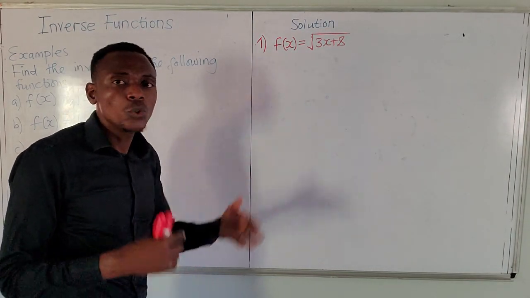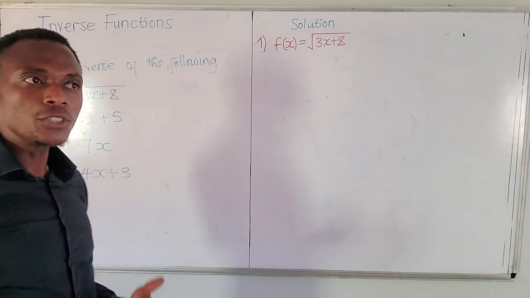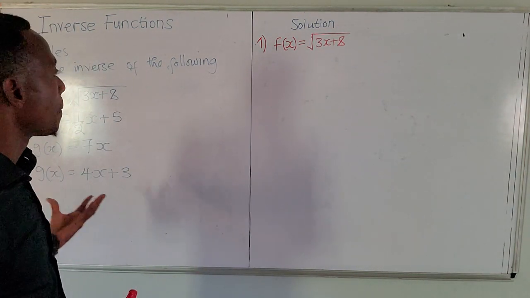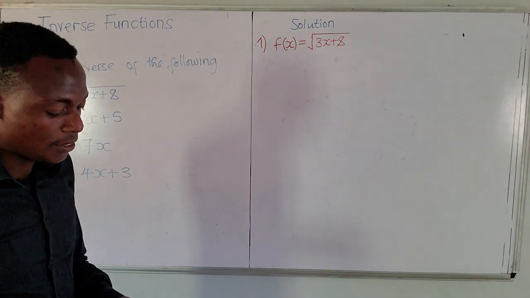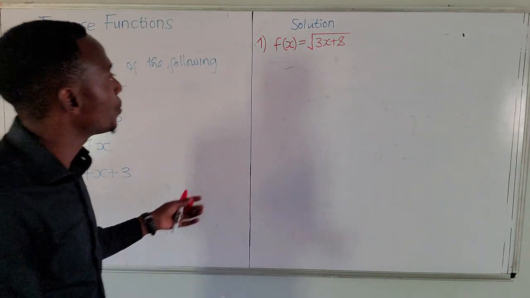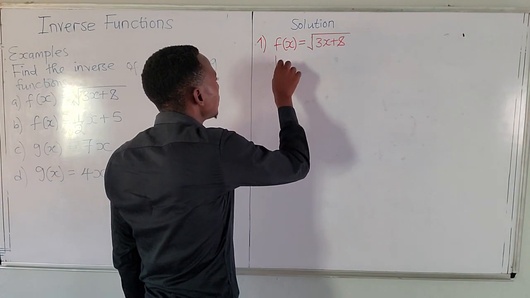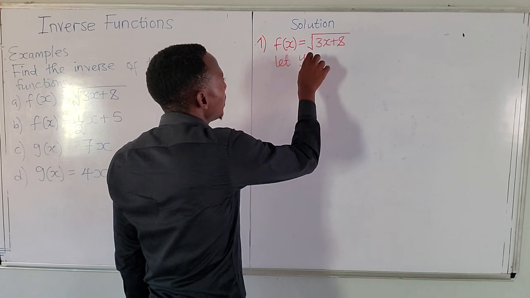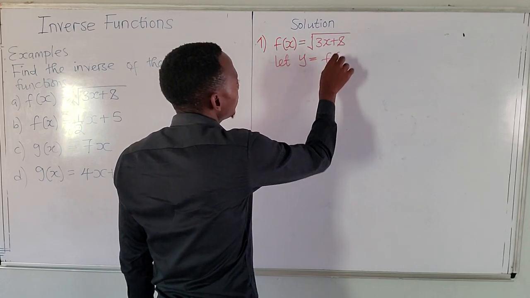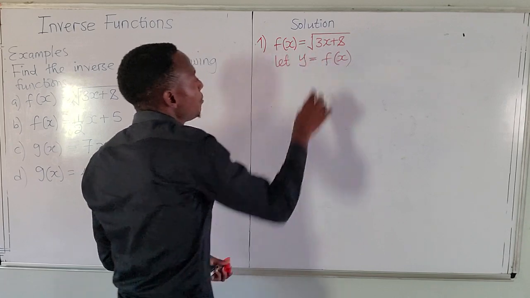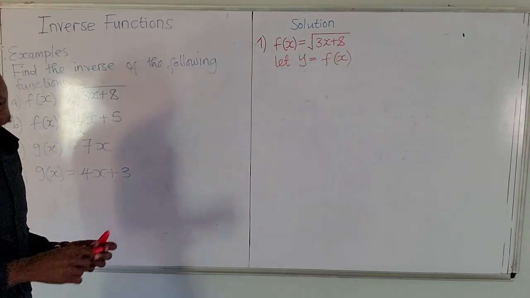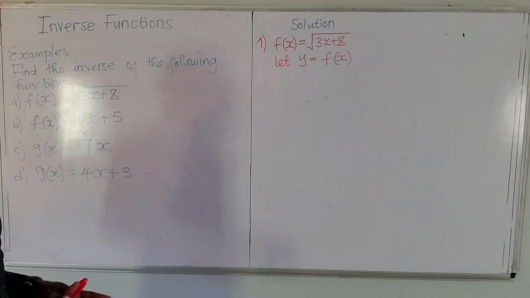So now, how do you work out an inverse of a given function? The first thing, there are stages. So the first thing you do is you let y be equal to the given function. In this case, you have been given a function of f.